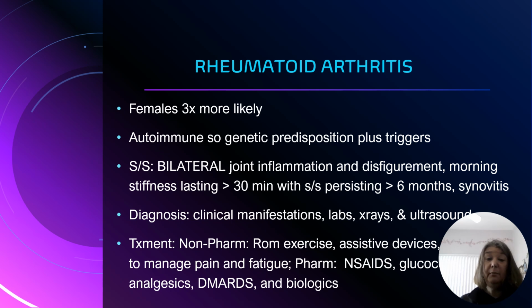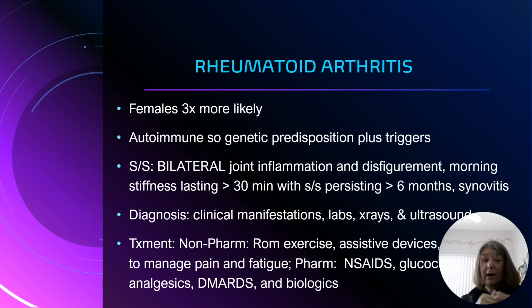Rheumatoid arthritis primarily targets the synovial membrane. So the synovial membrane, that is what provides that fluid in between the joints that helps keep everything moving and lubricated, right? Clinical manifestations, so signs and symptoms of RA, should be suspected in adults with inflammatory polyarthritis. So arthritis in more than one joint.